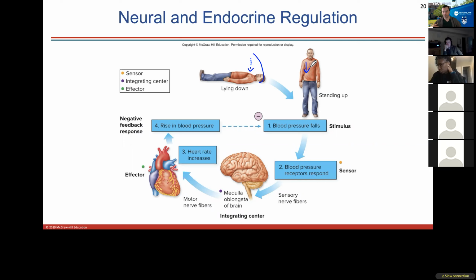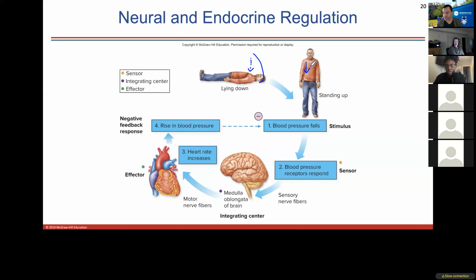Not only do we have receptors for balance and equilibrium in the ears, proprioceptive input in all of my joints throughout the spine, but we have a number of receptors within the carotid bodies. We have a number of receptors in a couple other locations as well, aortic bodies. These are going to measure pressure changes within those blood vessels. They're going to sense that, and they're going to send that information up to the brain, the medulla oblongata. And then that's going to send out different nerve fibers to cause an effect.